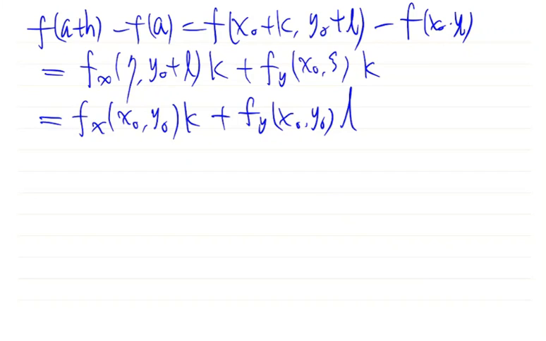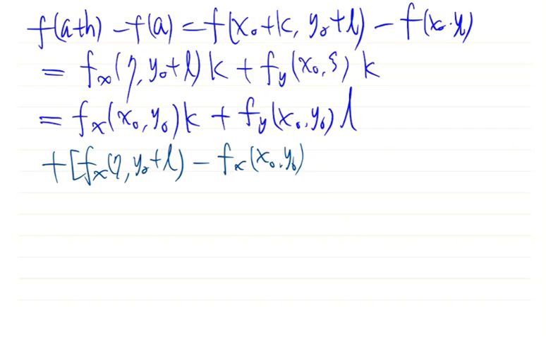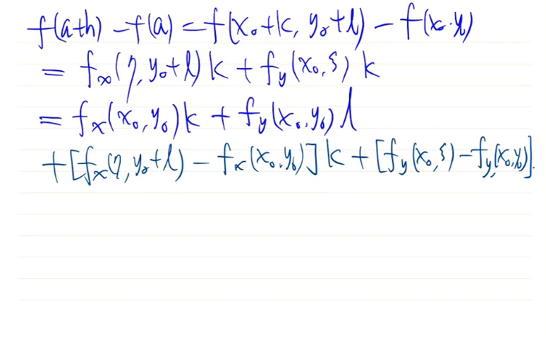We need to complement, so plus (fx(eta, y0 plus l) minus fx(x0, y0)) k plus (fy(x0, xi) minus fy(x0, y0)) l. Then this is an equality.